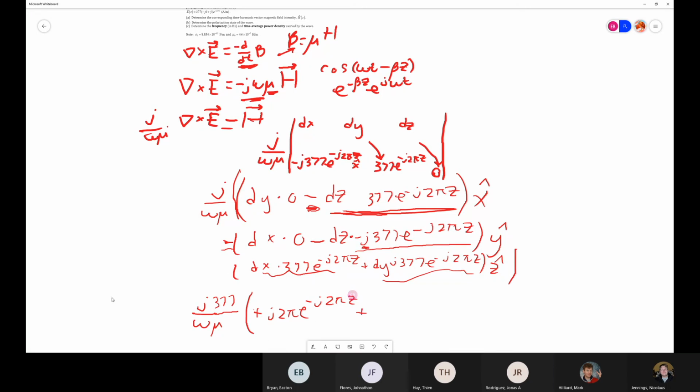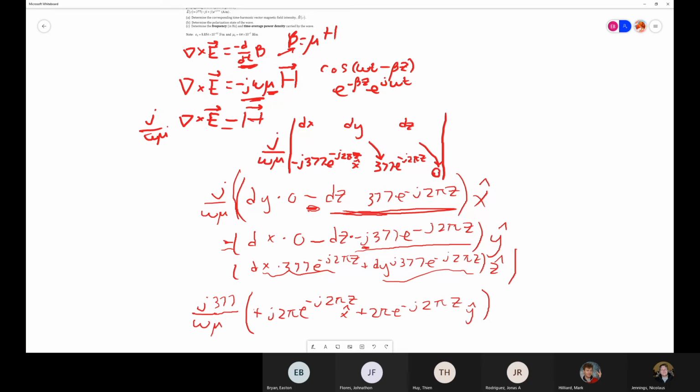There's no j there because they canceled out. So it's just 2 pi e to the negative j 2 pi z. Oh, and this is x hat, this is y hat. Okay, so that was a lot of mistakes, but we made it to the right answer that I have.